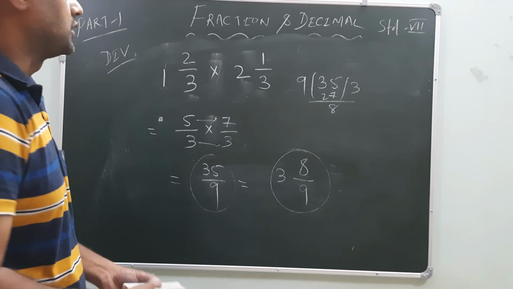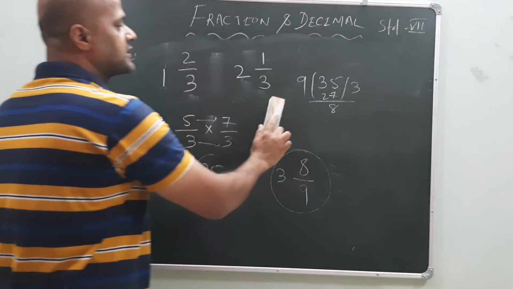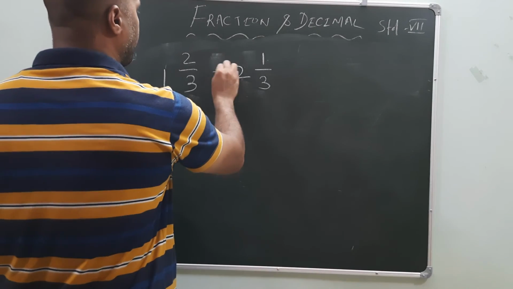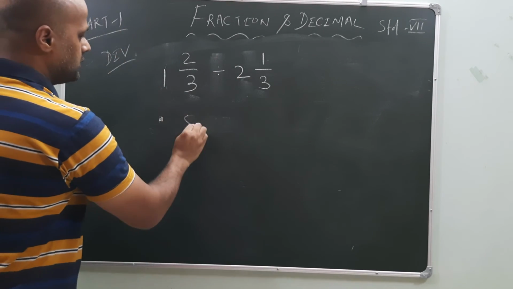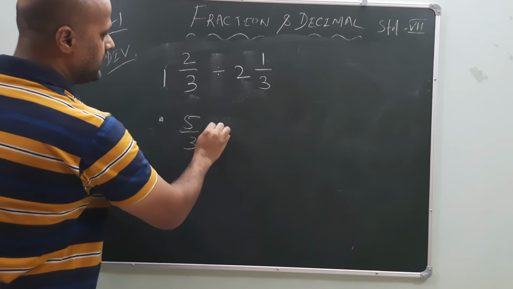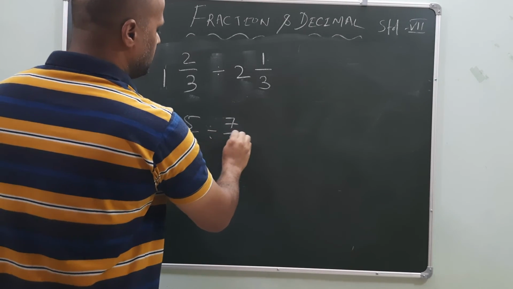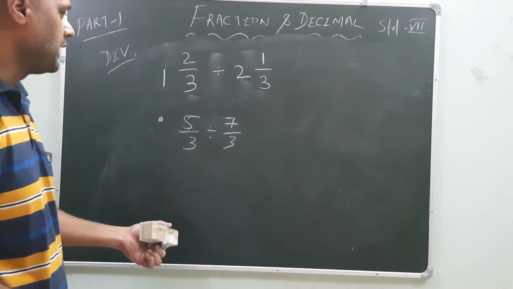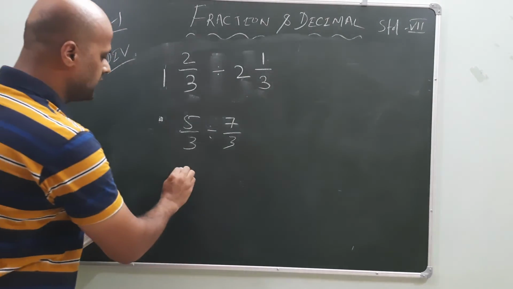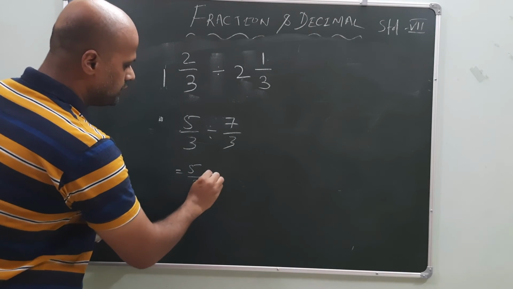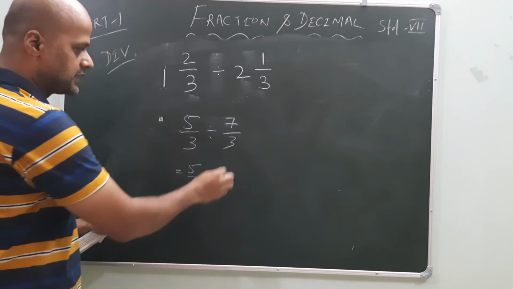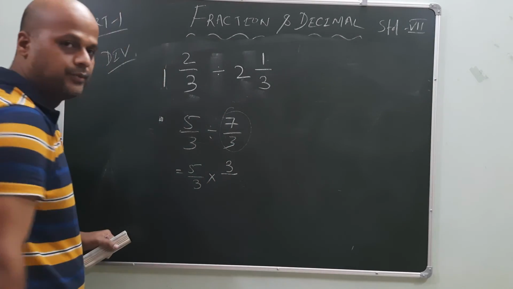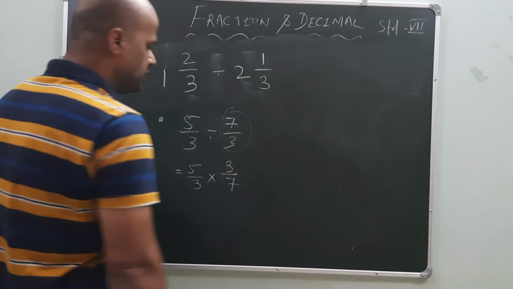Now come to the last one. What is that? If the mixed fractions are in division form, what will it be? 5 by 3 divided by 7 by 3. As I said previously, if division is there, then you have to convert it into multiplication, and the second fraction becomes its reciprocal. That means the denominator becomes the numerator and the numerator becomes the denominator.